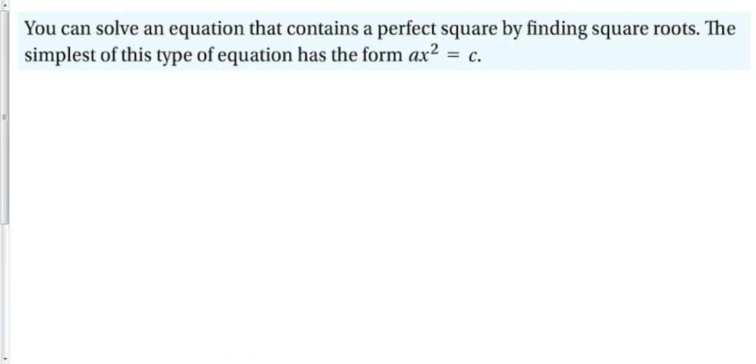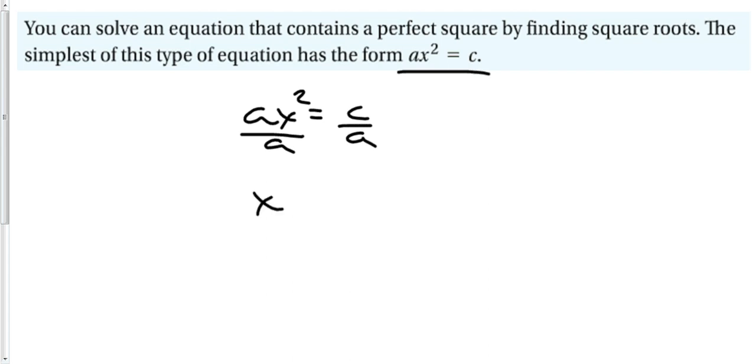Okay? So, first, you can solve an equation that contains a perfect square by finding the square roots. The simplest equation is one that looks like ax squared is equal to c. And in order to solve this equation, we get x by itself. So x squared is going to equal c over a.